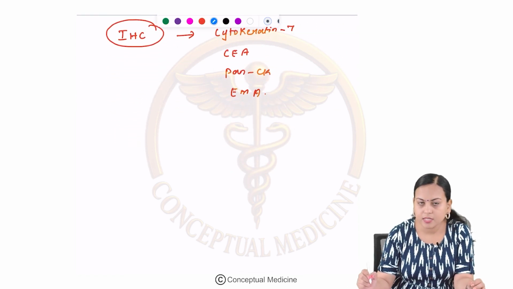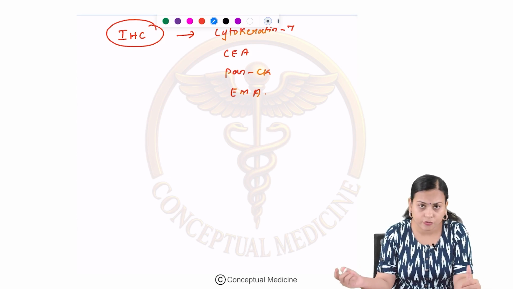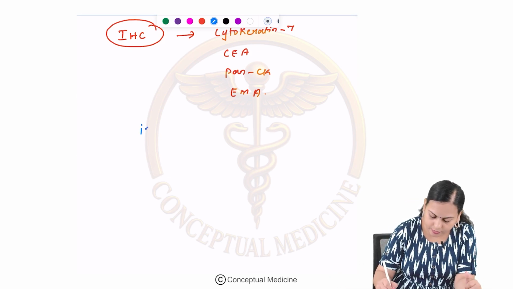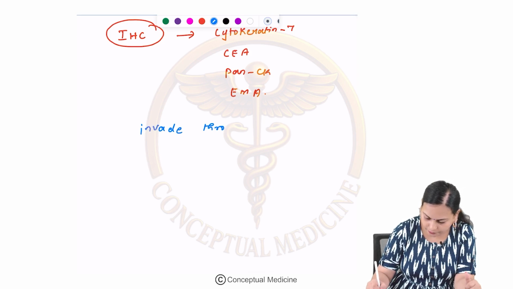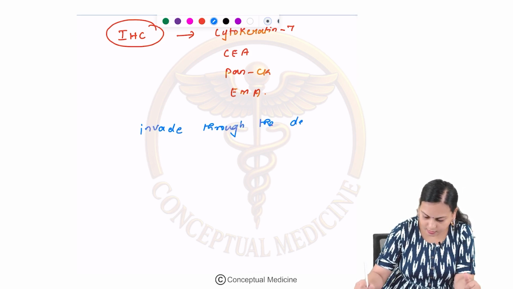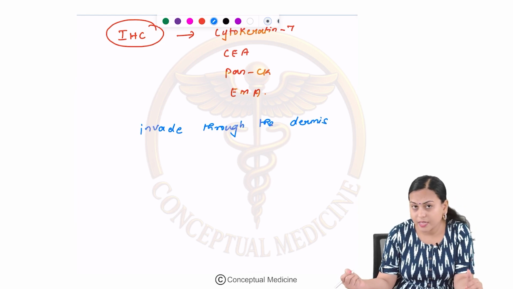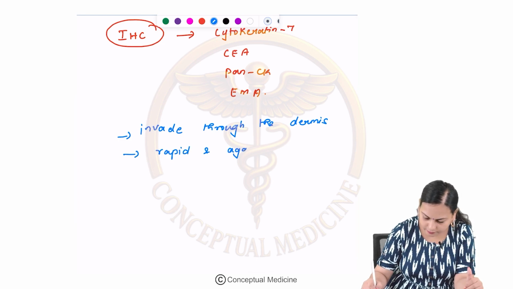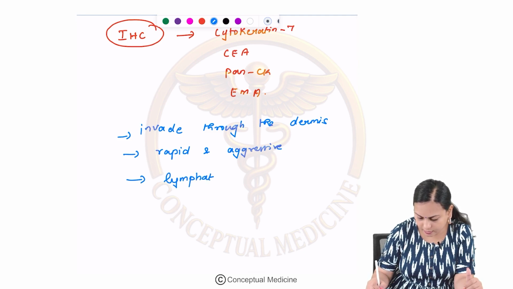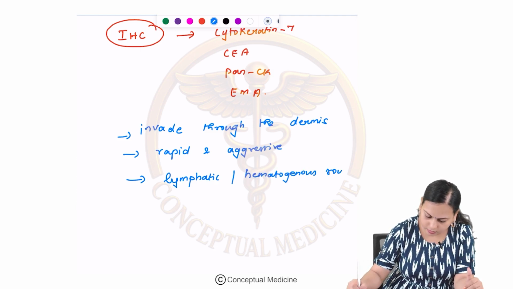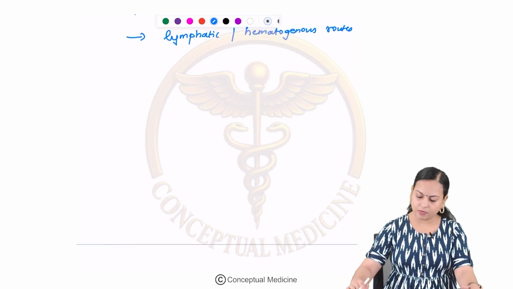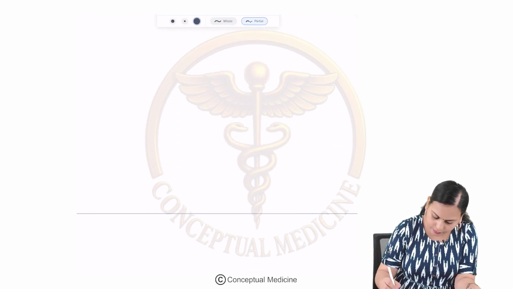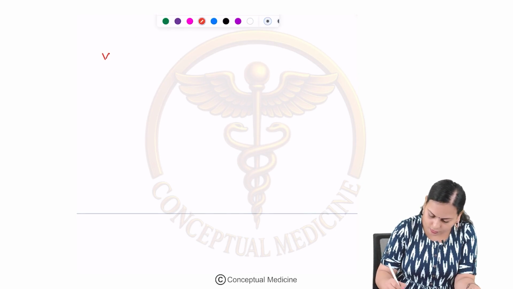Okay, so this extra-mammary Paget's disease can grow for years, and after that it may invade through the dermis, but the spread here will be rapid and aggressive through the lymphatic or even hematogenous routes. Clear?